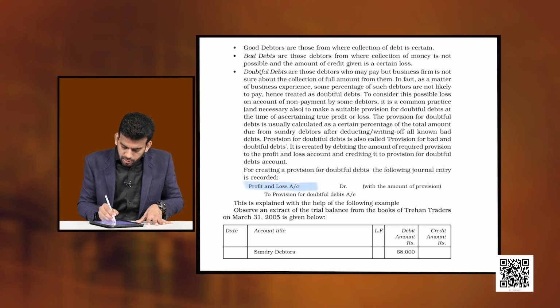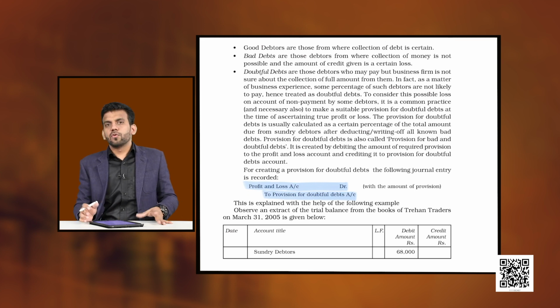As we know that rent is an expense, salary is an expense, and all expenses are transferred to profit and loss account at the end of the year. And the entry we make to transfer all these expenses to profit and loss account is P&L account debited to provision for bad and doubtful debt.